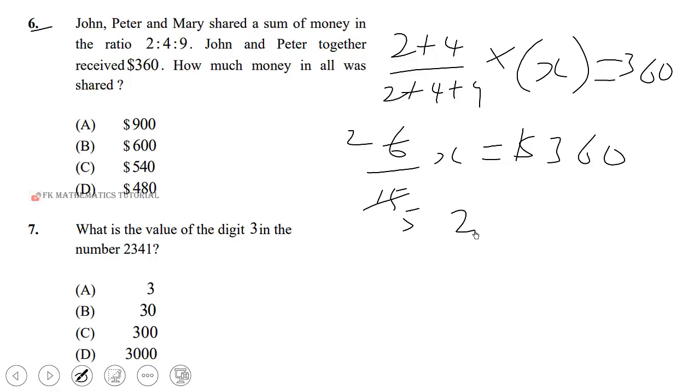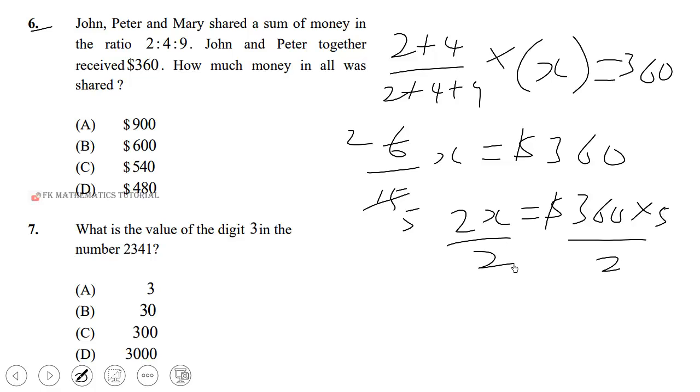So 2 times X will be equal to 360 times 5. Now you can divide both sides by 2. So the amount shared, 2 will go into 360 180 times. 180 times 5 will be $900. So we can even quickly check.